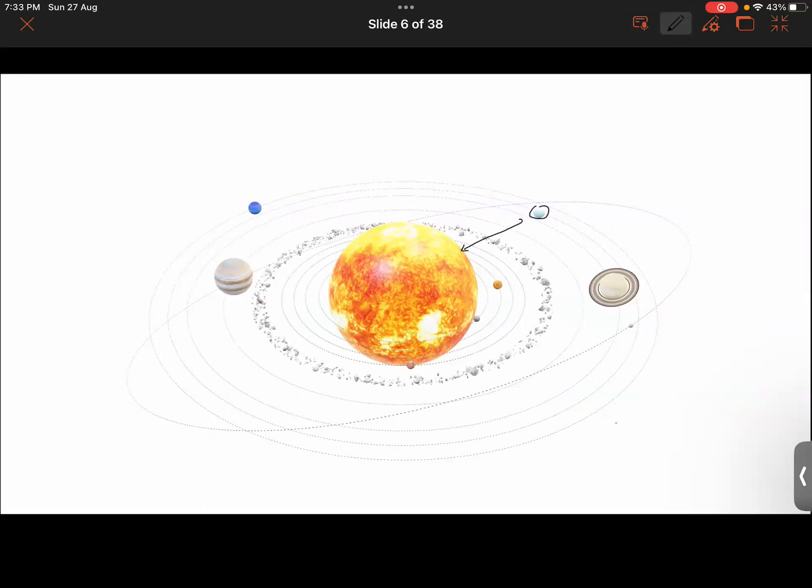Let's say the distance between Uranus and Sun is this many meters. And if you look at the distance between Saturn and Sun, it is somewhat like this much.